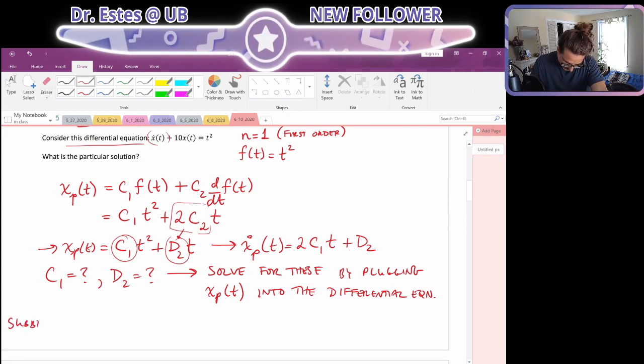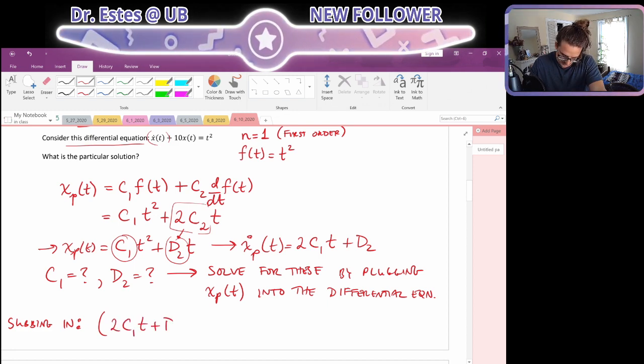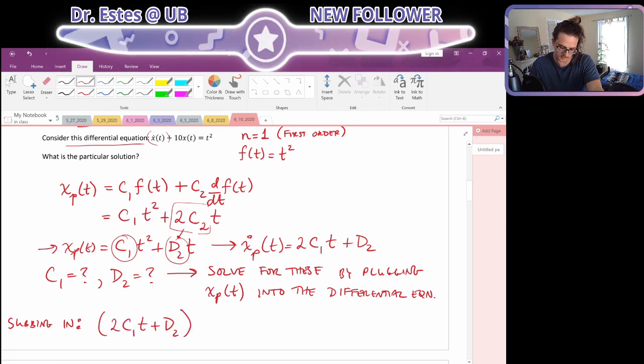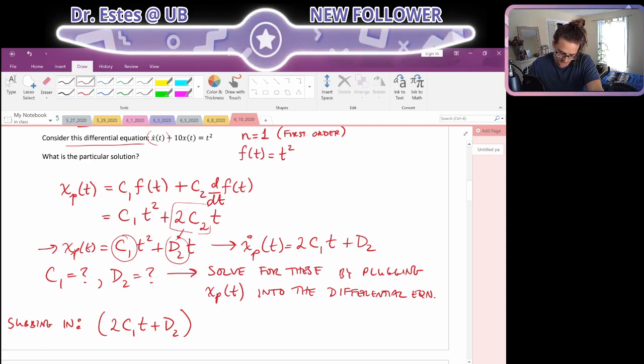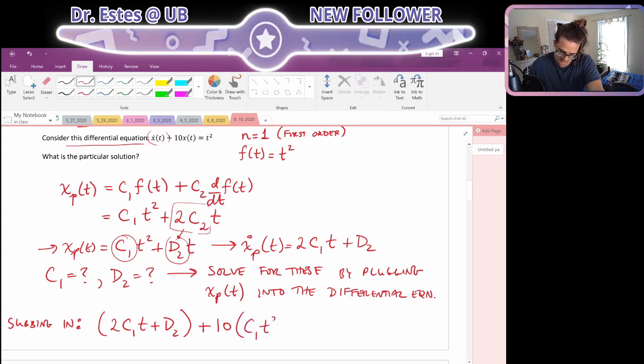So I'm going to sub this in. We're going to have 2 C1 t plus D2. So I'm substituting this into the differential equation up above, plus 10 times x of t, which is just C1 t squared plus D2 t.